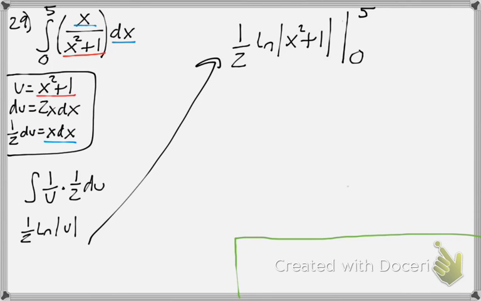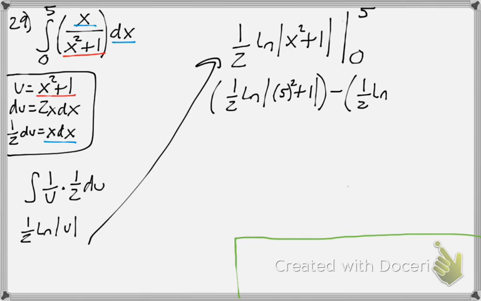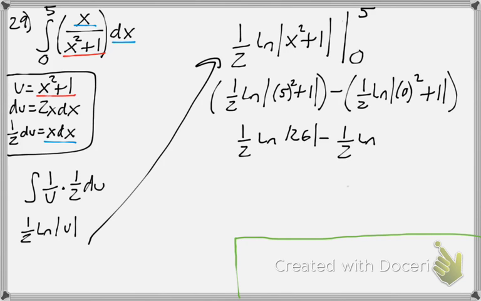So if we plug in the 5, it's going to be 1/2 ln of 5 squared plus 1 minus 1/2 ln of 0 squared plus 1, which is going to be 1/2 ln of 26 minus 1/2 ln of 1.